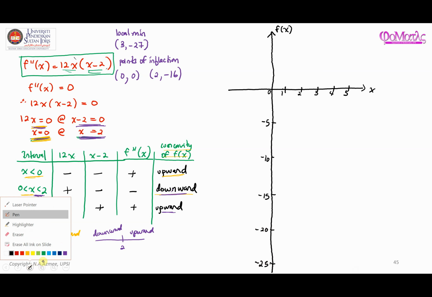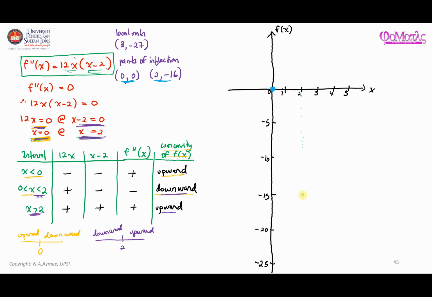Okay, so next we need to plot the points of interest. (0, 0) is easy, so at this point. And then we also have point (2, negative 16), so maybe 2 would be somewhere here, negative 16.